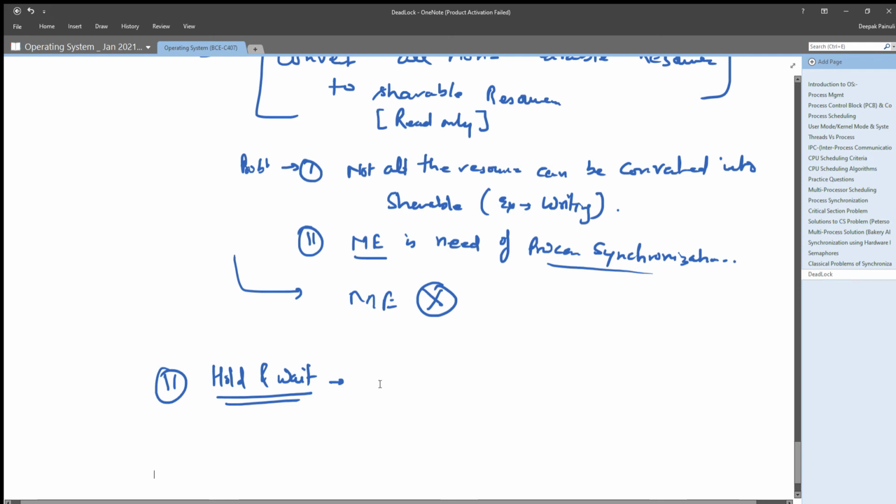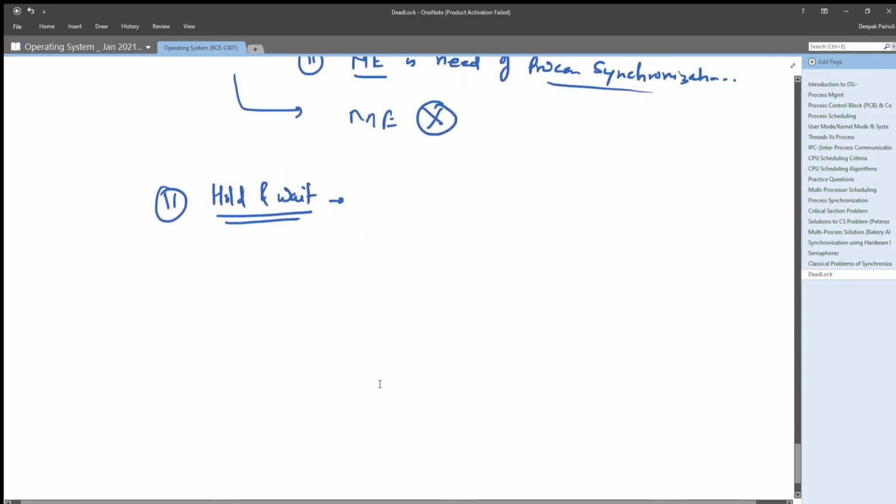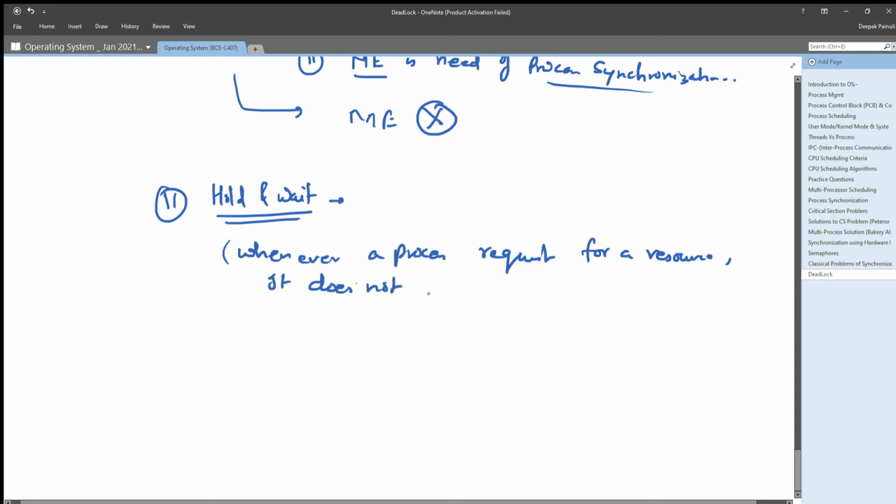What hold and wait means is that whenever a process requests a resource, it does not hold any other resource.